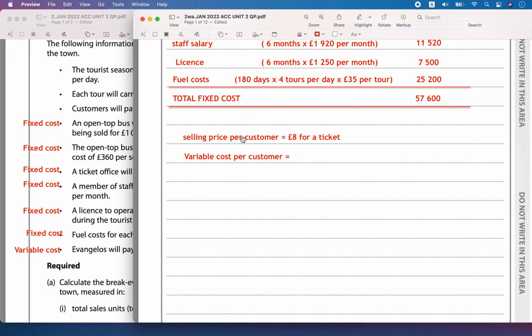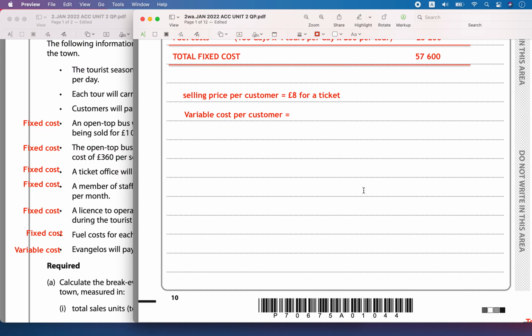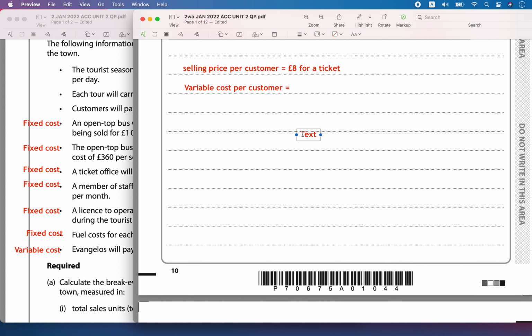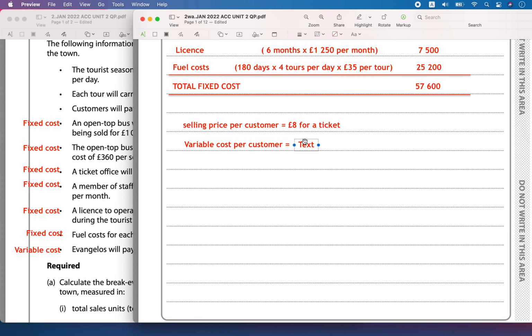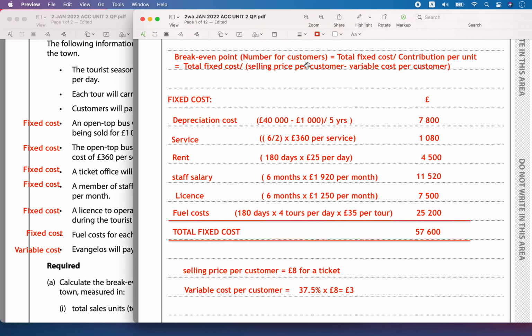So the variable cost per customer is going to be equal to 37.5% of this 8 pounds. He is charging 8 pounds, so the variable cost is going to be equal to 3 pounds.